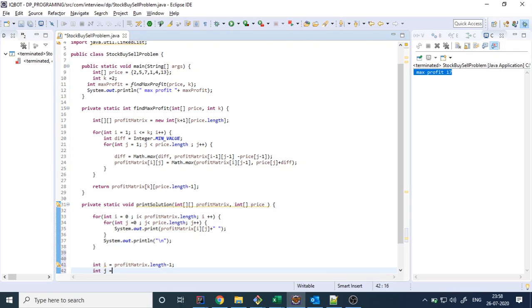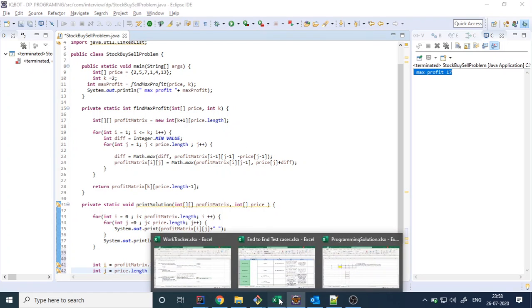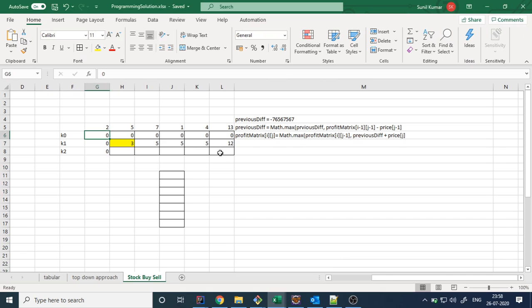int g equal to price dot length minus one. So what I am planning is that I will start the value like here, it will be the 17. So I will start the value from this perspective.